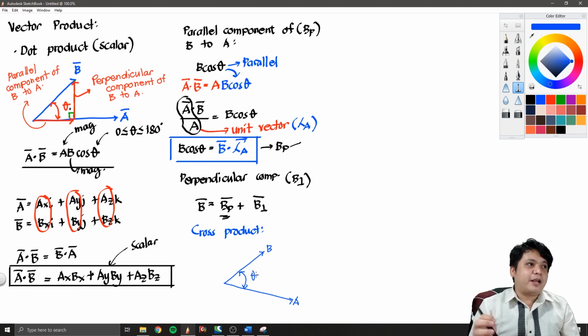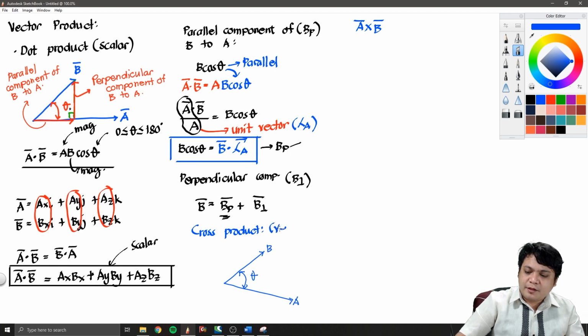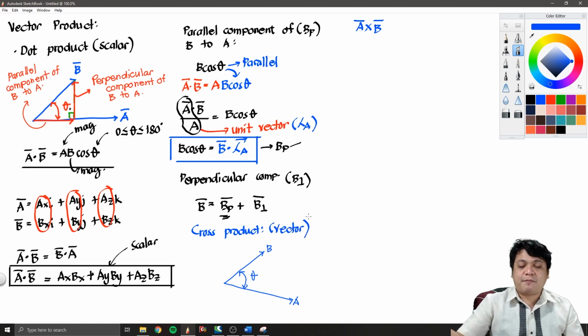Pag pinag-multiply ko yan, yung tawagin ko siyang A, ito ang symbol, cross B. Ang tawag natin dito is the vector product. Okay, vector product na siya. Kasi kapag ginawa mo to, the resulting is also a vector.